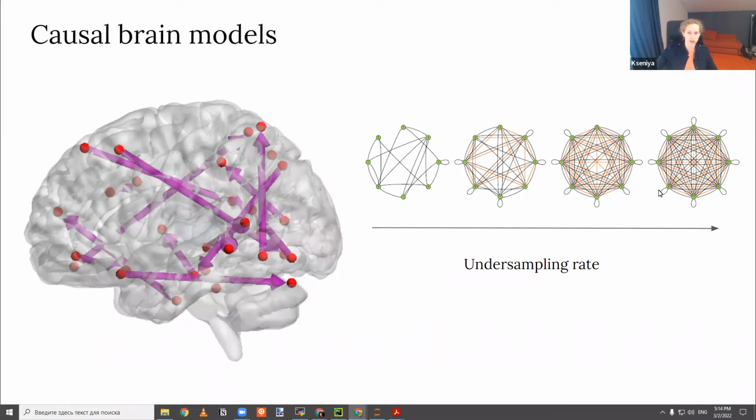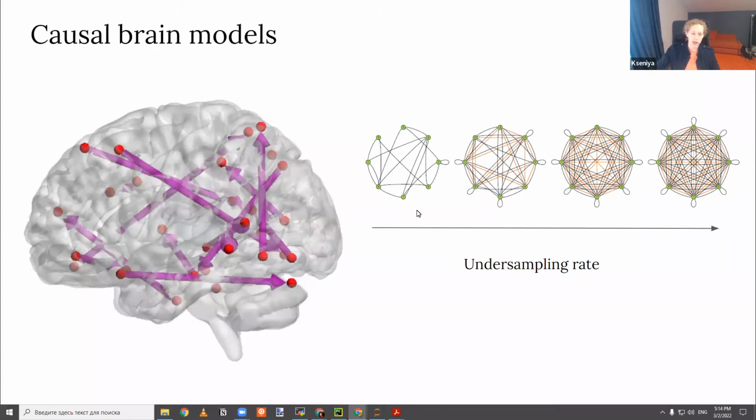Like here, this is a kind of model graph, and on the first picture we have the real causal relation. On the second picture, we connect the nodes, or the dots, if we have a path of length 2. On the third picture, we have a connection between nodes if we have a path of length 3, and so on.